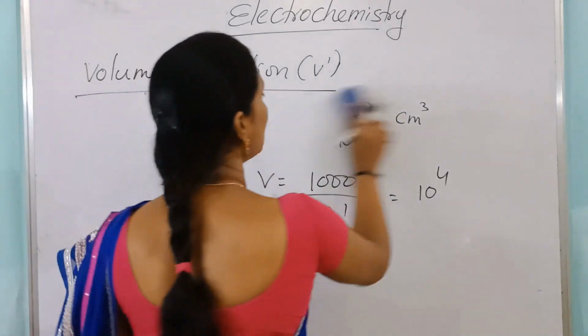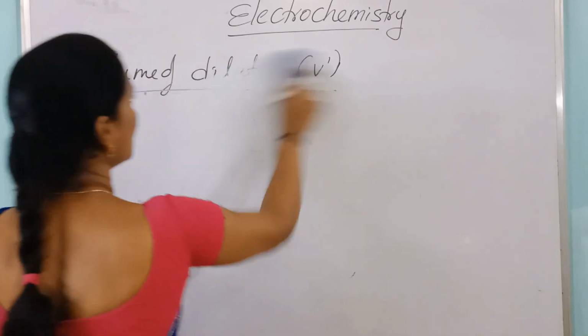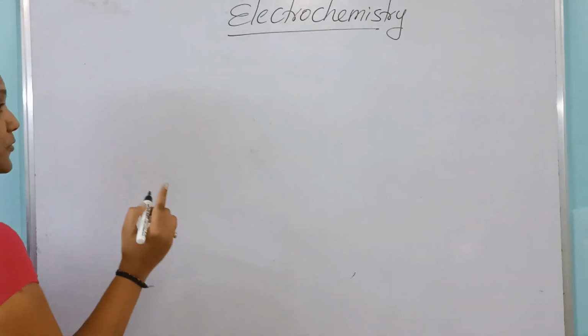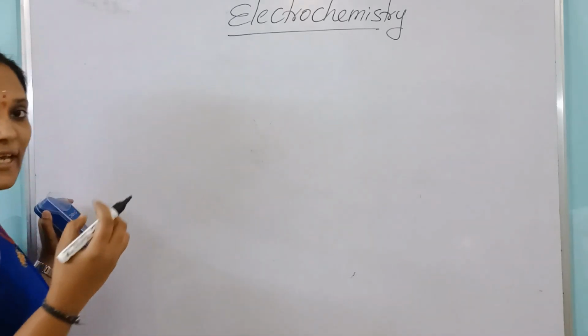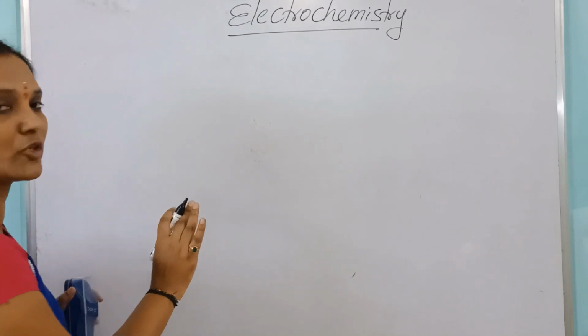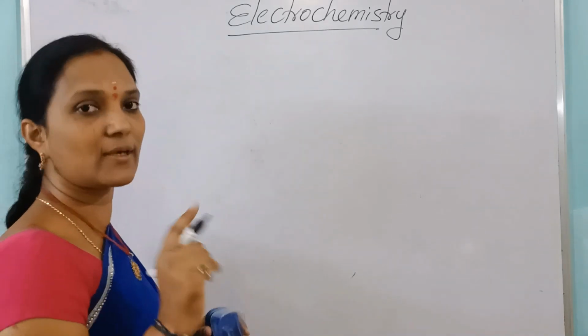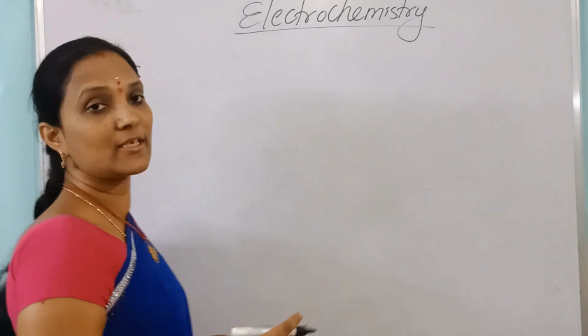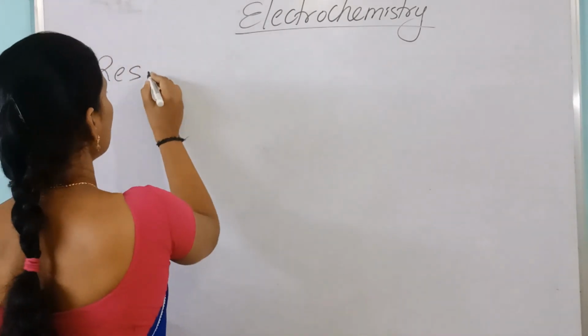Now come to resistance. Transport number means the current carried by one ion by the total current carried. Volume of dilution means the volume of the electrolyte that contains 1 gram equivalent of electrolyte. The third one is resistance.